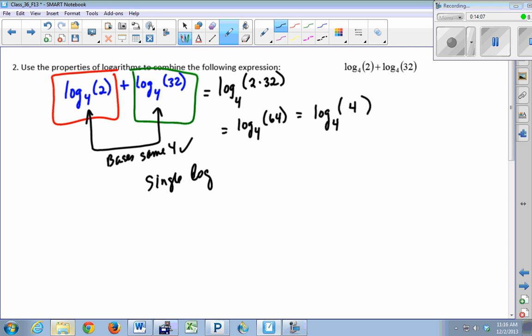And what would that be? 4 to the third, yep, 4 times 4 times 4 gives you 64. So now that you have log base 4 of 4 to the third, you just lift off your exponent, and that's your answer, 3. Okay, so your answer to this is the number 3.